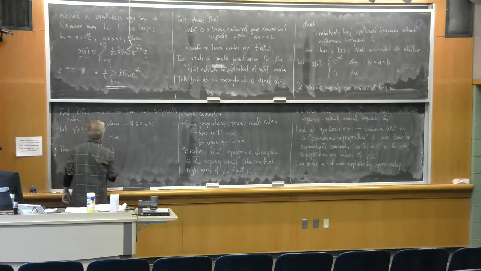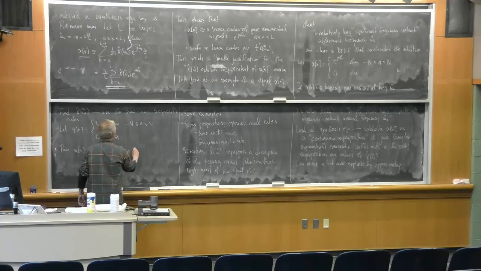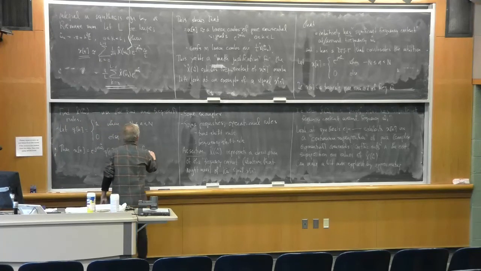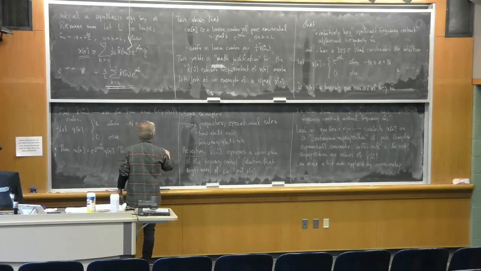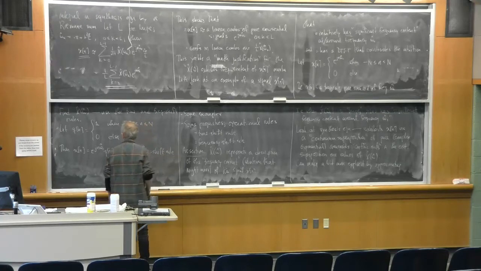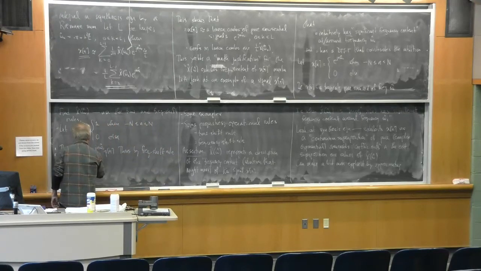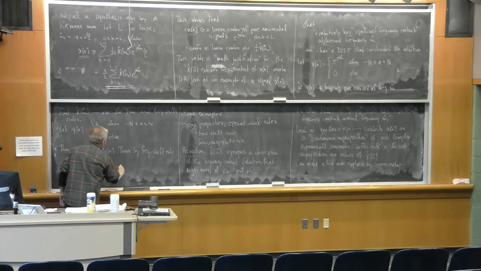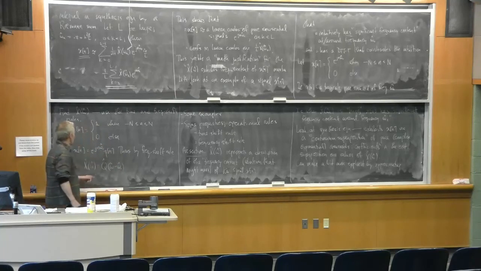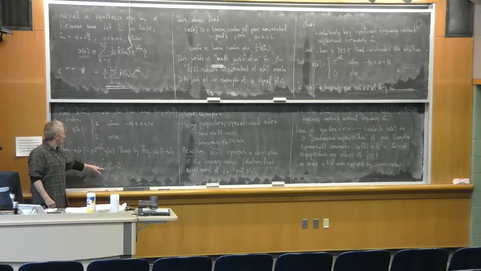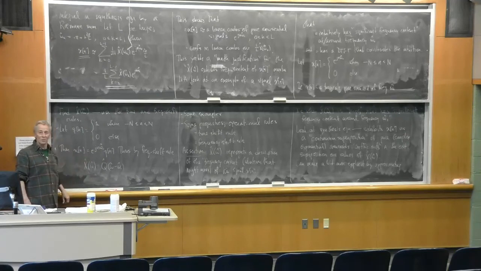By the frequency shift rule from last time, and I'm not going to write the rule down again, x hat of omega hat is just going to be q hat of omega hat minus omega 0 hat, where q hat of omega hat is the DTFT of q of n.